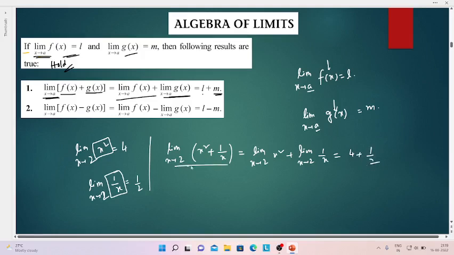So when we get these types of values, we can break them into two parts in this format, and that will become 4 plus half, which is actually 9 upon 2, right? So the limit of the sum of two functions as x tends to a is equal to limit x tending to a f(x) plus limit x tending to a g(x), which equals L plus m, right?